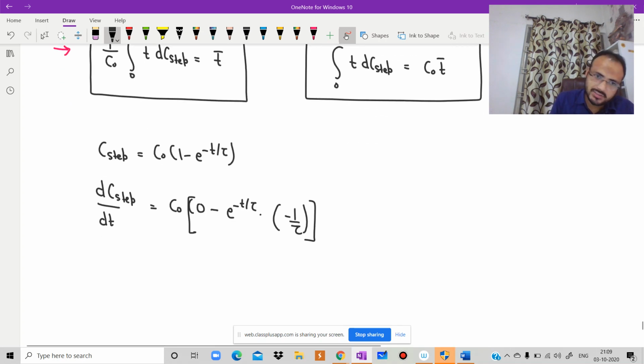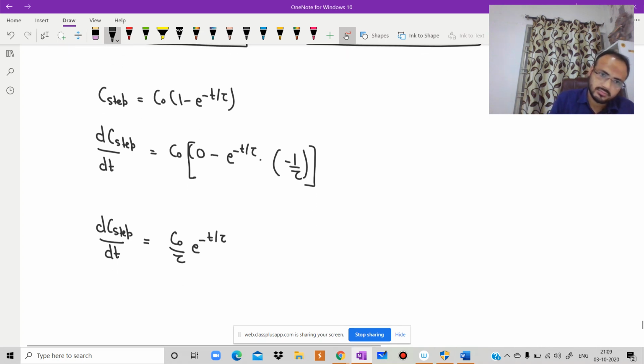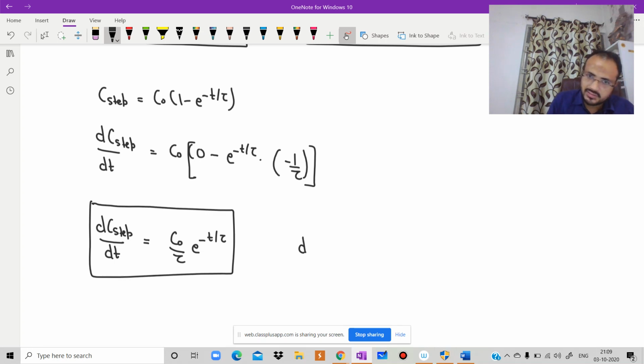Minus minus will be plus, so you will get dC step by dt is equal to C naught by tau e to the power minus t by tau. Or you can write it like this: dC step is equal to C naught by tau e to the power minus t by tau into dt.